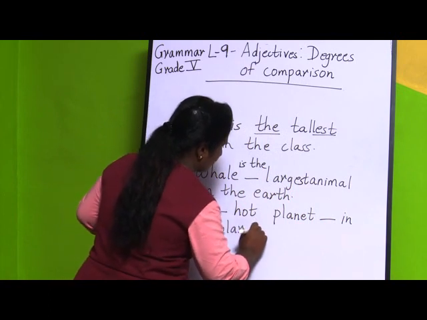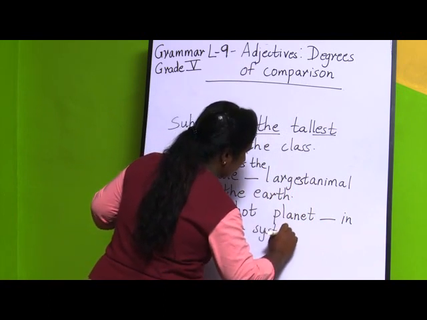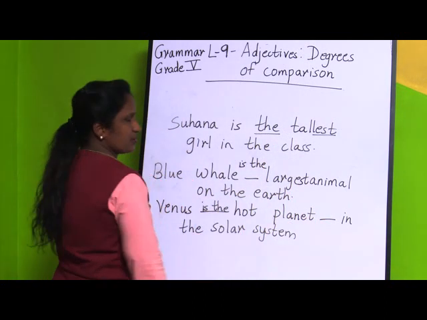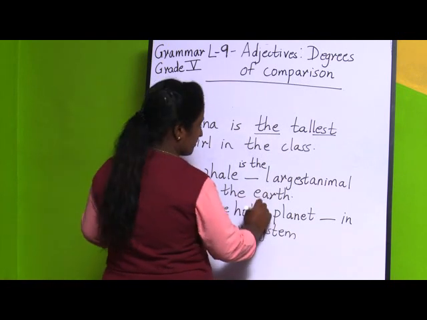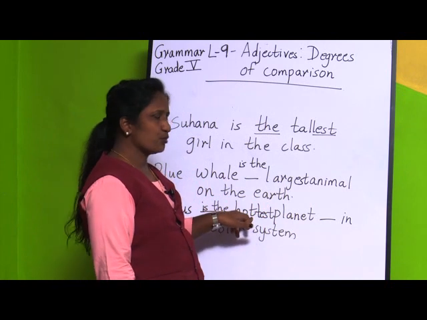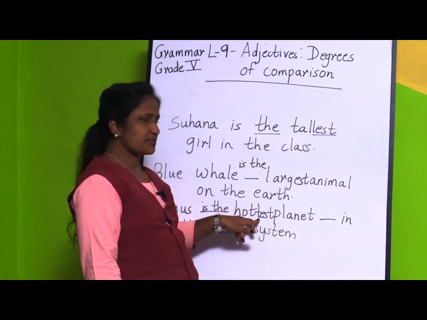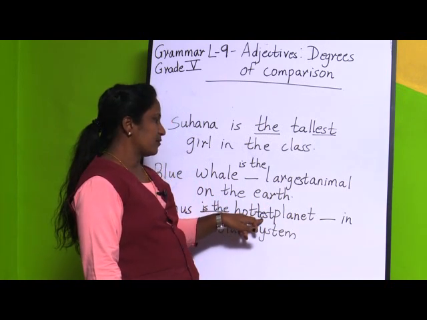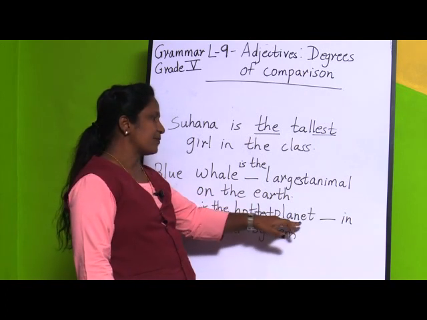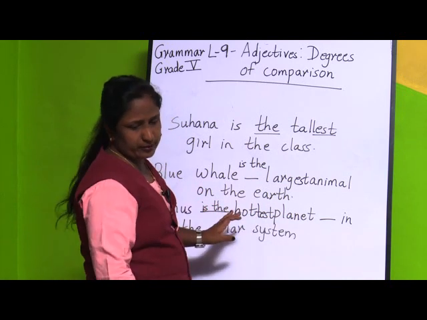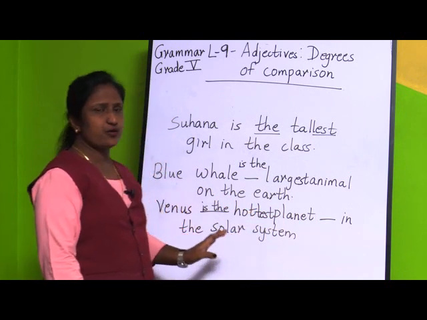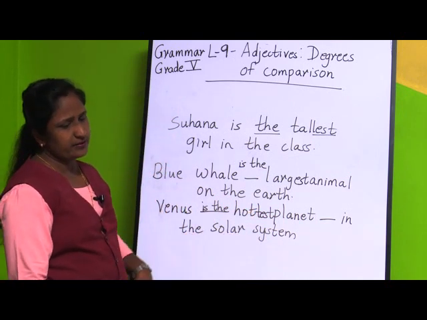So, here how are you going to write? Venus is the, now hot. So, as it is superlative degree, hottest, because you are going to double this consonant, and you are going to add est as it is superlative degree. Venus is the hottest planet in the solar system. So, this way you are going to solve exercise D.